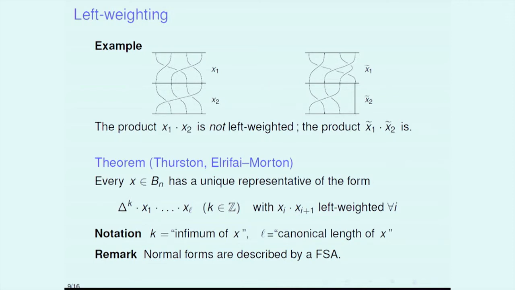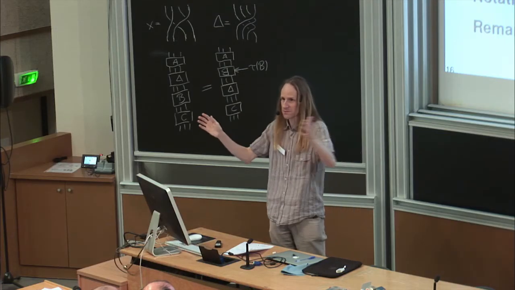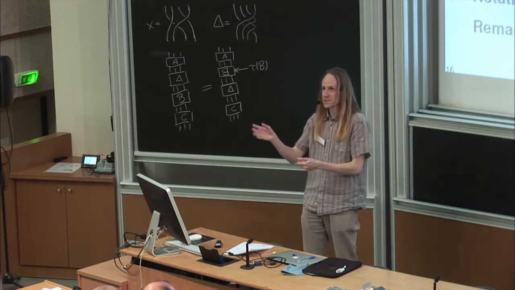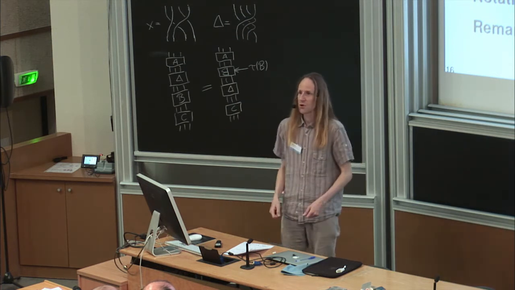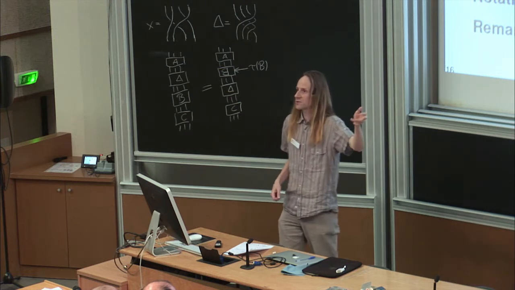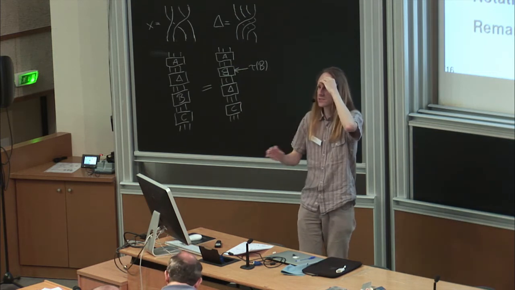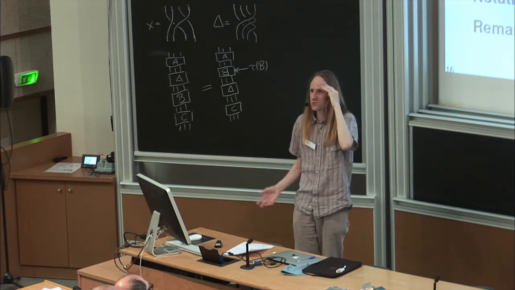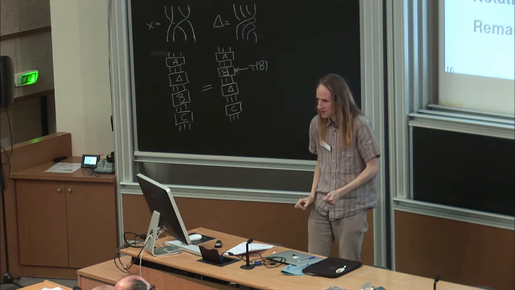Now if you start with any long braid written as a product of simple braids, so a positive braid written as a product of simple braids, and you apply this procedure, so you just keep pushing crossings into earlier factors as much as possible, well, you keep going, and at some point you get stuck. That is, at some point you arrive at a left-weighted braid. Any two subsequent factors are left-weighted.